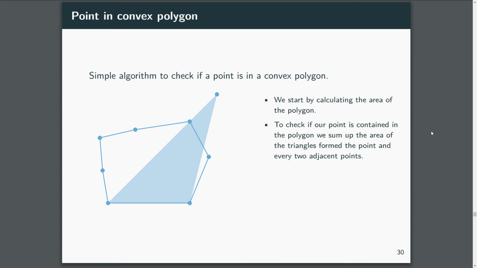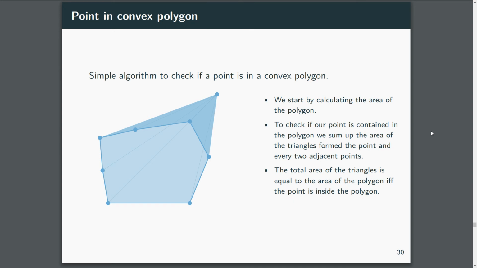You sum up the area of all the triangles where you select the first point as the point we're checking, and then look at all two adjacent points in the polygon. You sum these areas up together. Just like so.